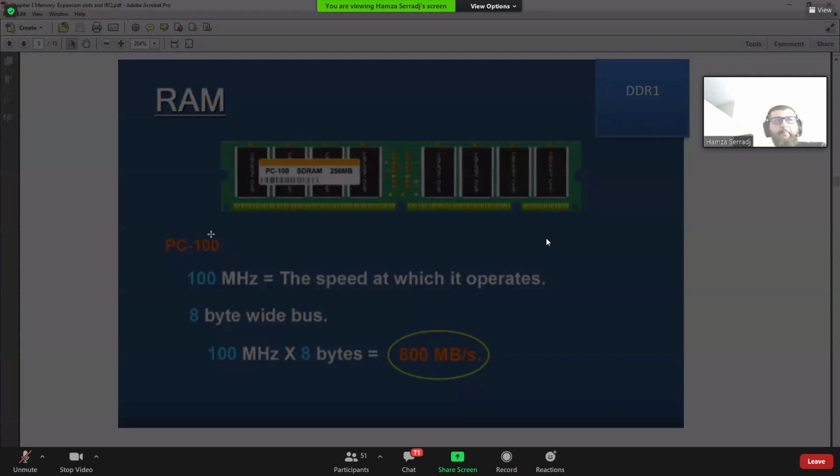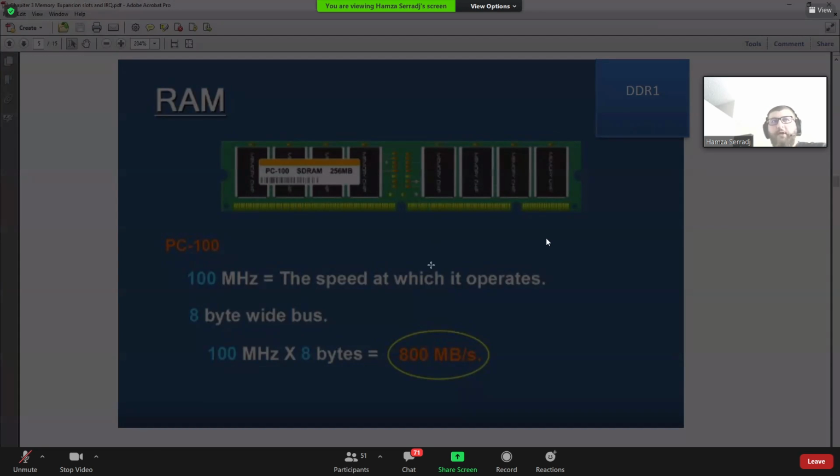Here, as an example, 100 is the frequency, 100 megahertz, the speed at which it operates. Imagine I have an 8-byte wide bus. It's going to be 100 times 8, which gives me the speed of this memory: 800 megabytes per second.